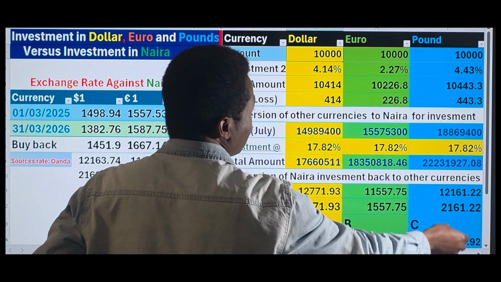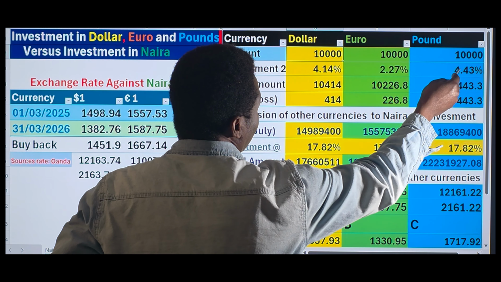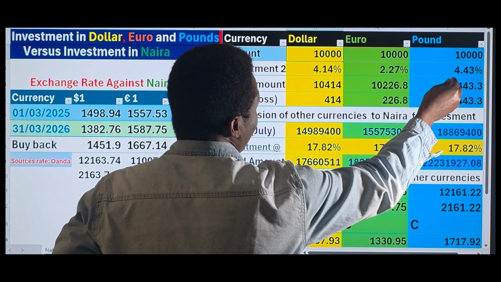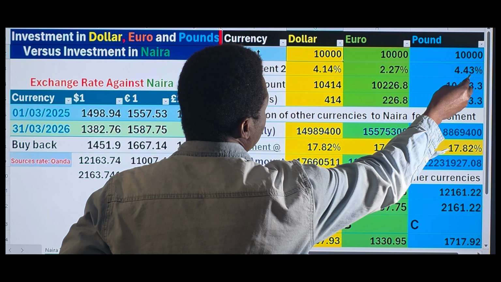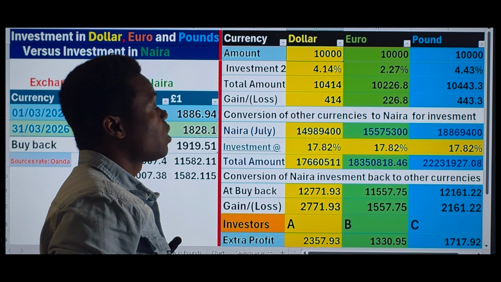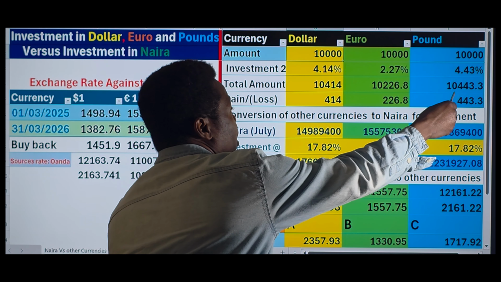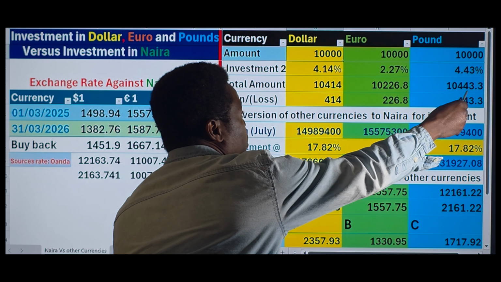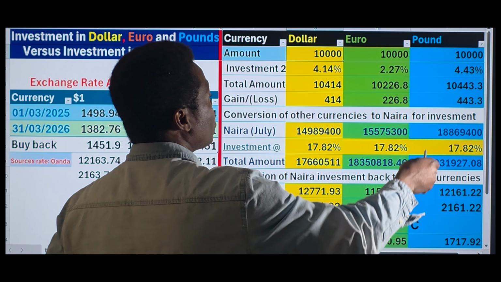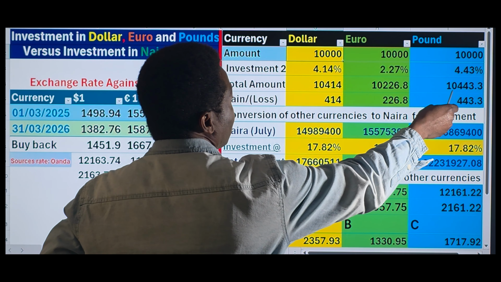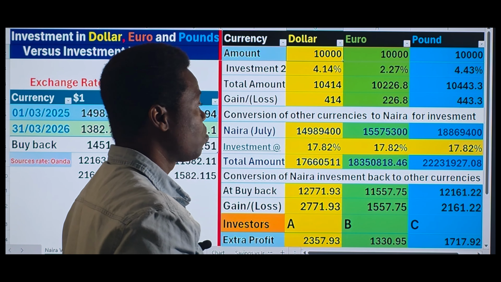If investor C that lives in the UK has 10,000 pounds and he decides to invest it at a percentage of 4.43% in the UK Treasury bill, he will realize a total amount of 10,443.3 pounds from that investment.